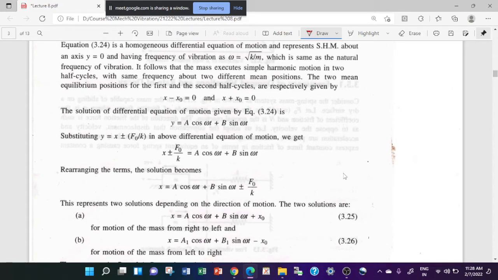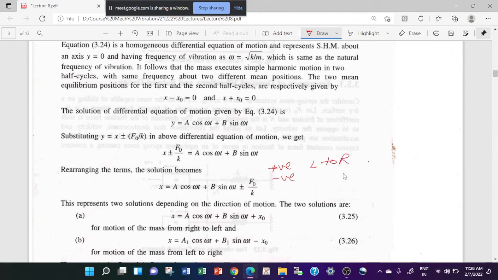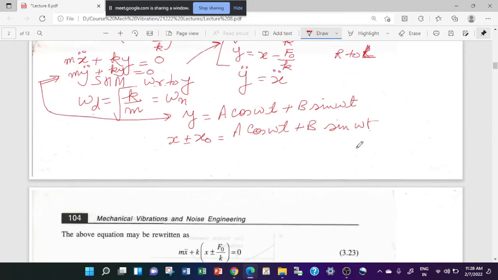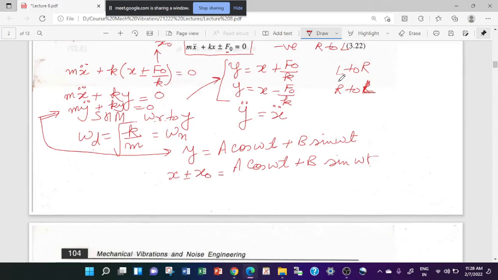The first solution you take a minus sign here, it becomes plus sign here. So here you can say the positive sign is representing left to right and negative sign right to left motion. So earlier, in this one, I have taken positive sign left to right. Once it has gone to the other side, it becomes right to left and negative sign.